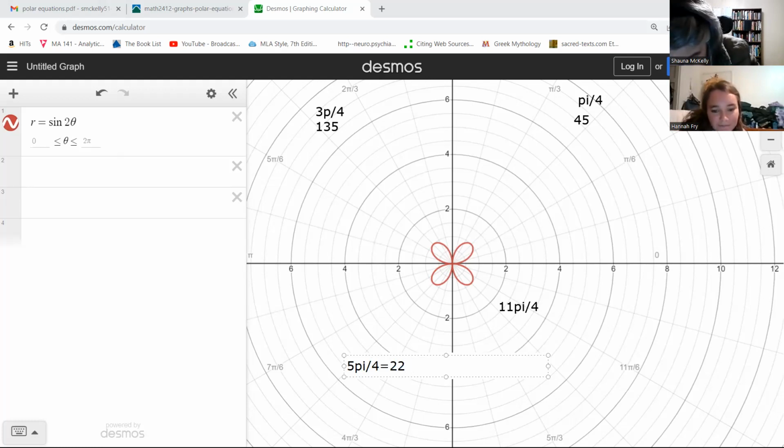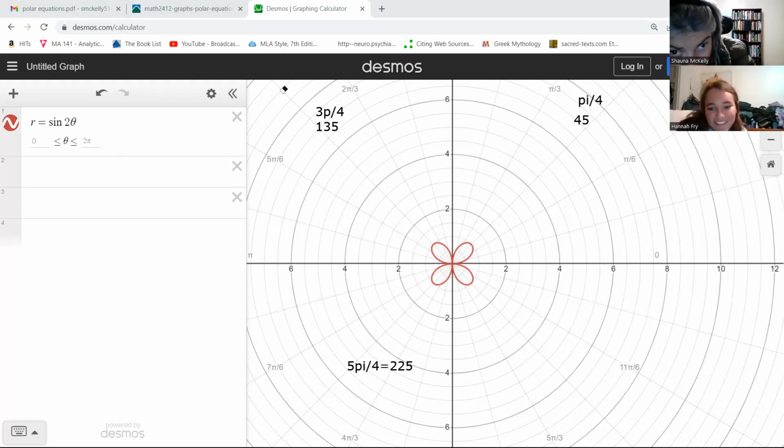That's 5, and this is 7 pi over 4. I was thinking about 11 pi over 6 when I wrote that. This is 7 pi over 4. Does that help you see what's going on?